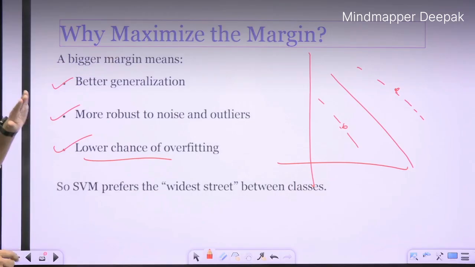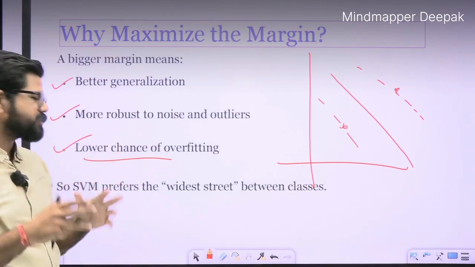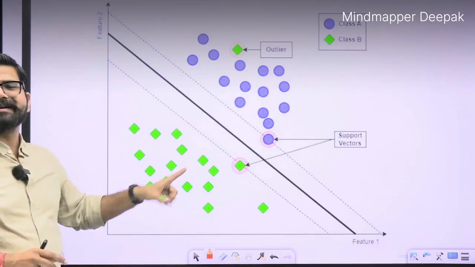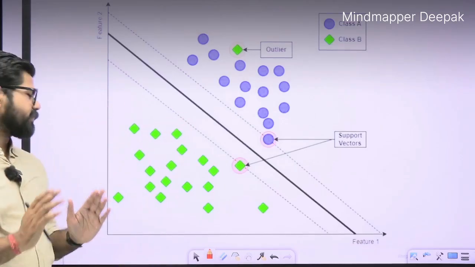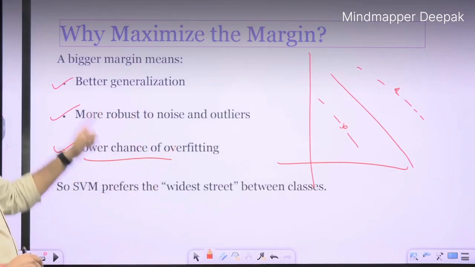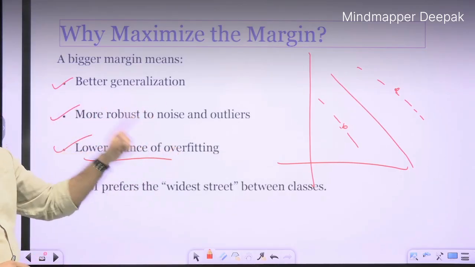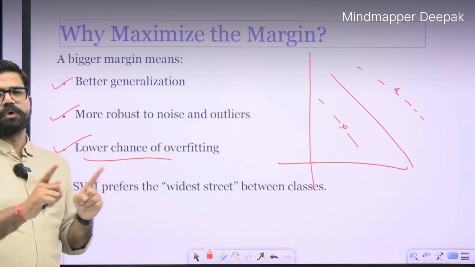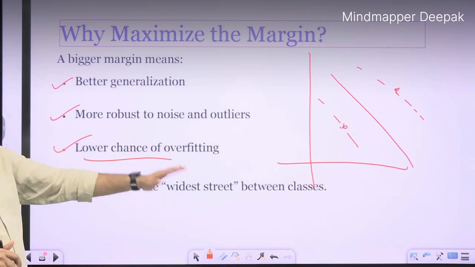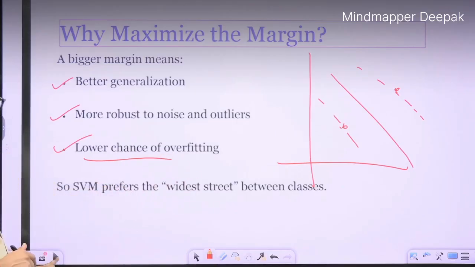The reason is that it lowers the chances of overfitting, it is robust to noise and outliers, and therefore gives better generalization of the two classes. So SVM prefers the widest street between the two classes.